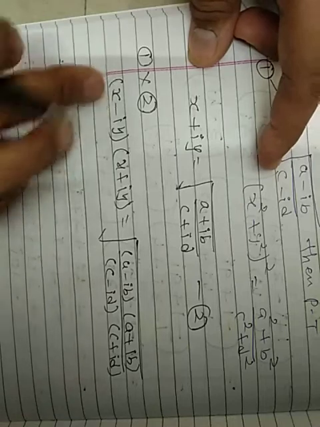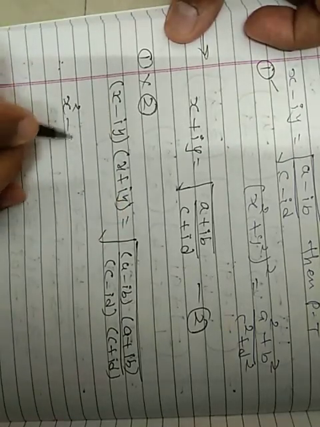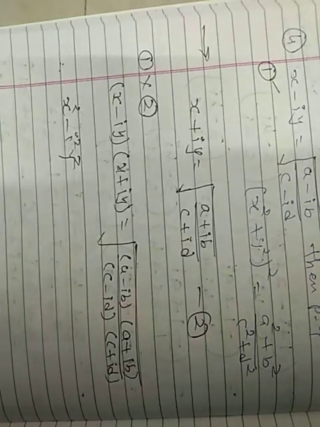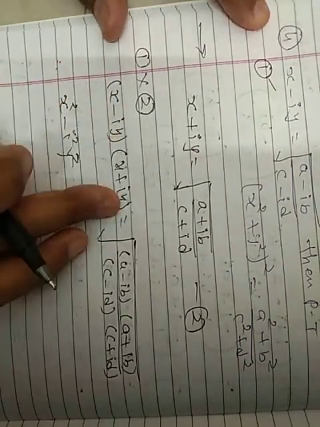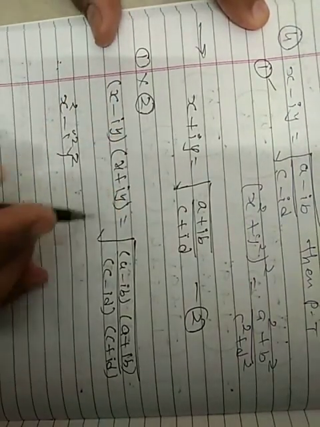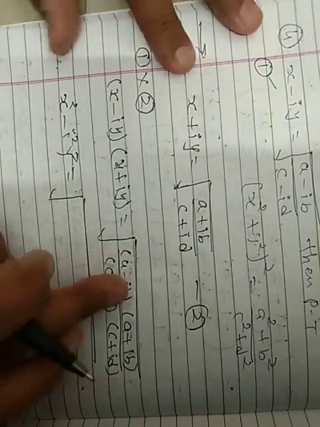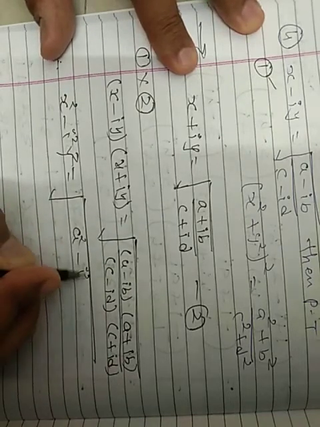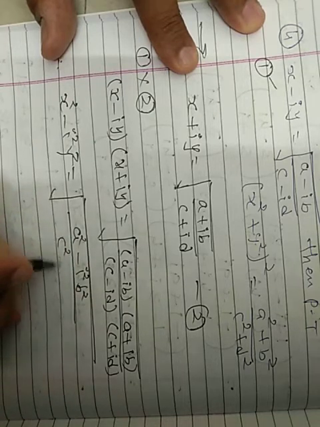Okay, x minus iy times x plus iy equals x square minus i square y square, because I am applying the a minus b, a plus b equals a square minus b square form. This is equal to a square minus b square, c square.